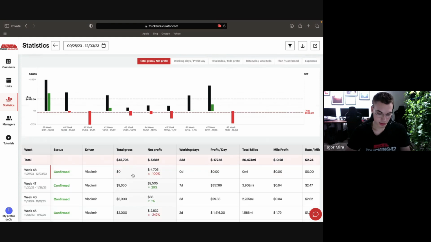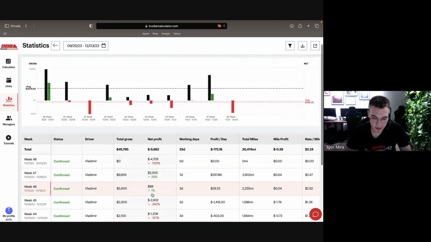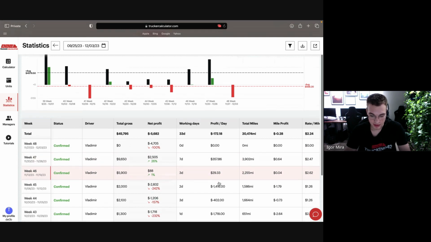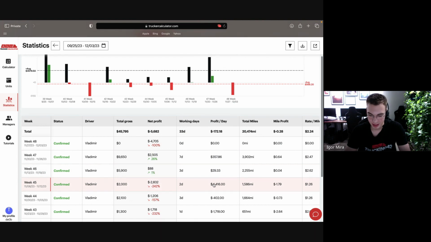You can also review that in statistics. You can see specifically how much you are earning or losing a day for a specific week. For example, in this case, you can tell that week 45 was very bad for this truck. Something probably happened here.